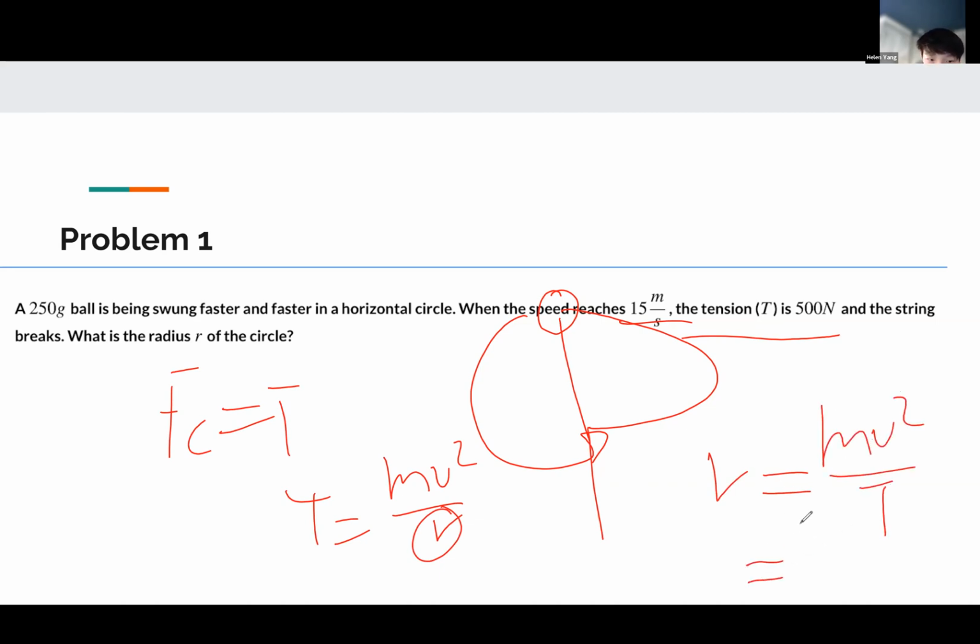So it would be 0.25 times 15 squared divided by 5, and you would get 11.25.